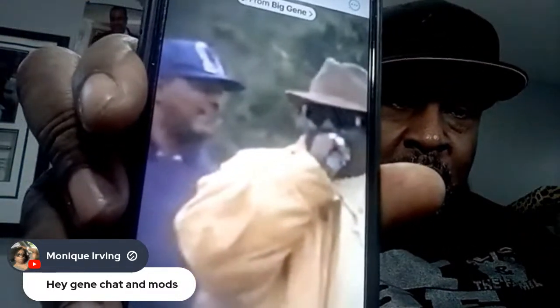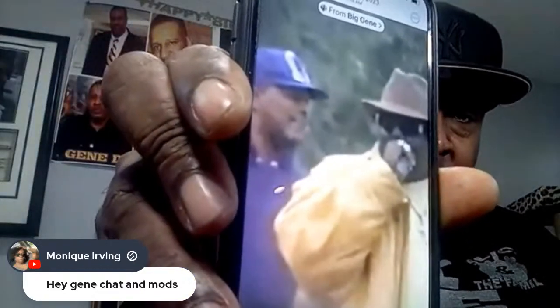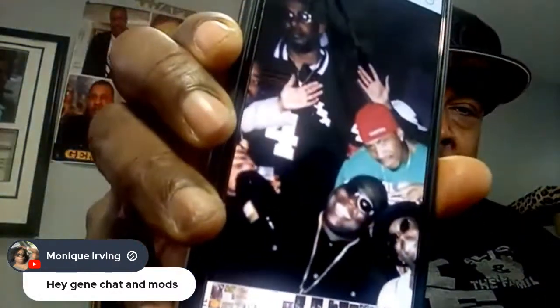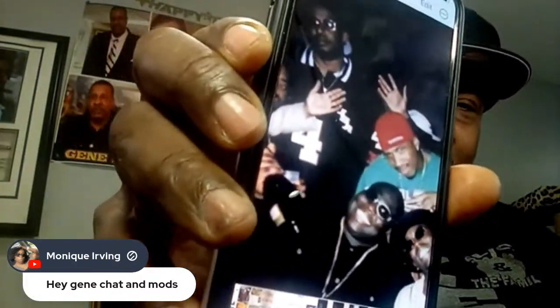Right here. That's a better picture. That was at Howard. Check this out. You're not going to be able to see it. Look, that's the night he got killed. Look at that smile on that boy's face.